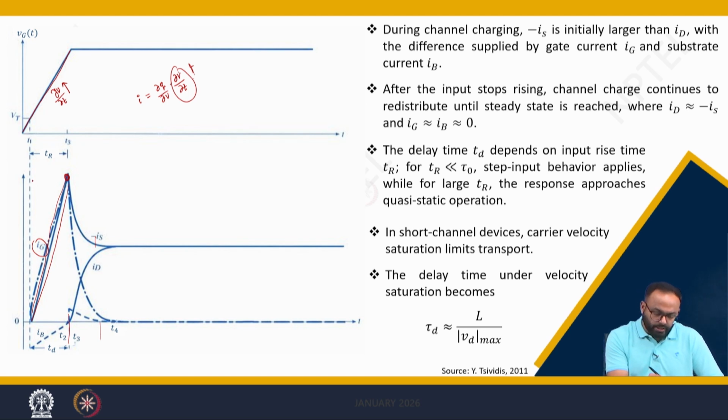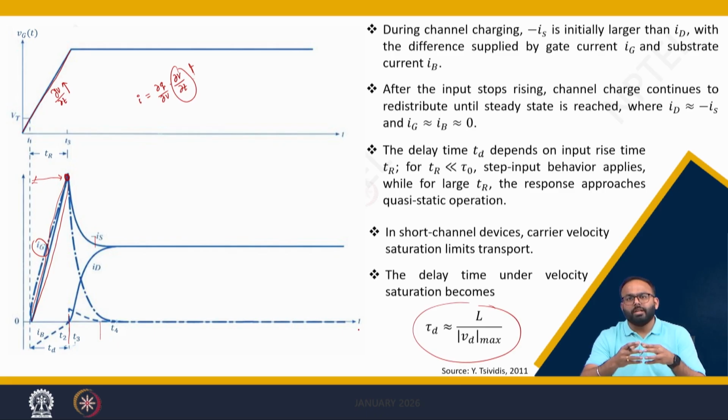Now this can be limited in short channel devices when velocity saturation occurs. So ultimately, if the device dimension is small enough, then the velocity saturation phenomenon occurs, and hence this delay time is limited by Vd max.